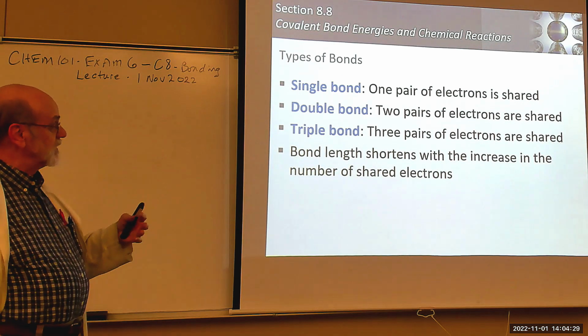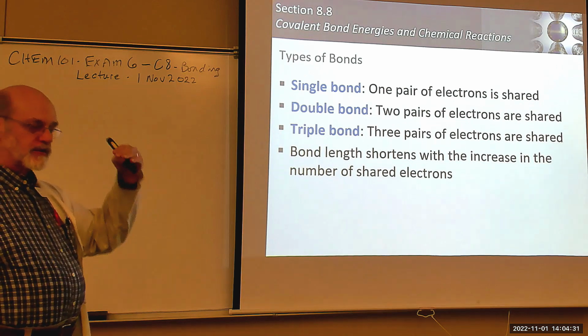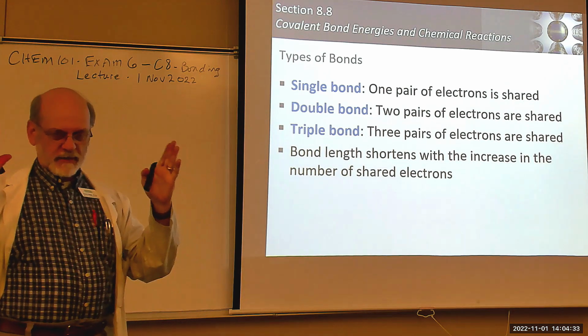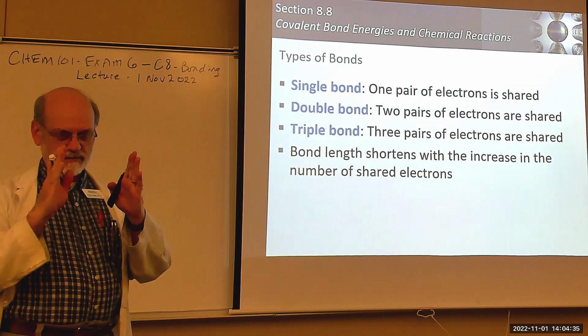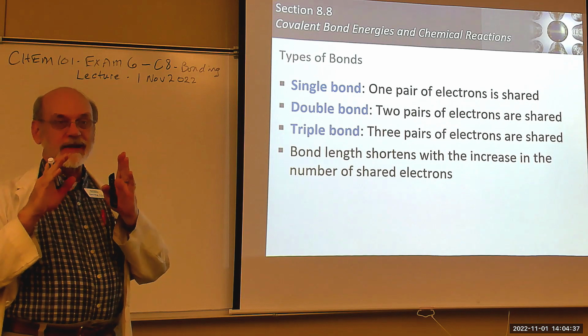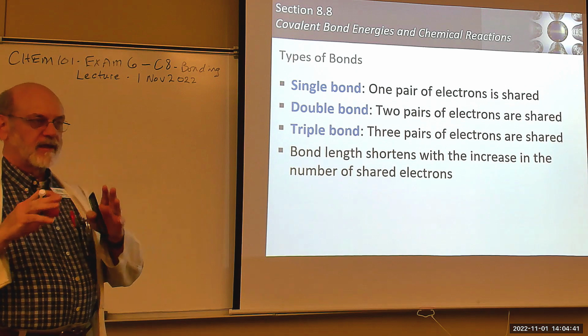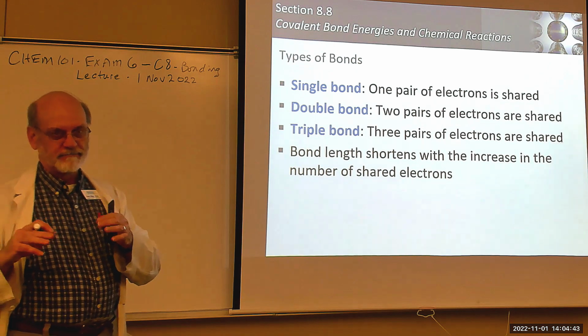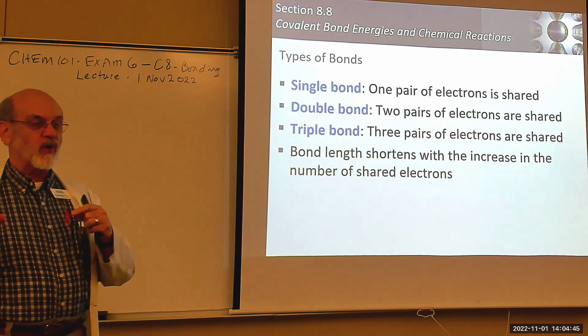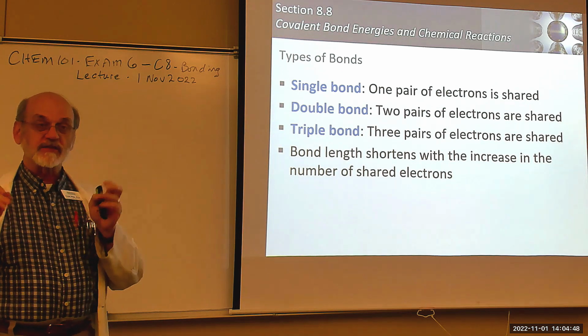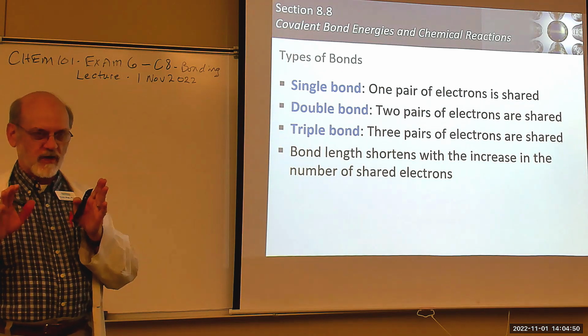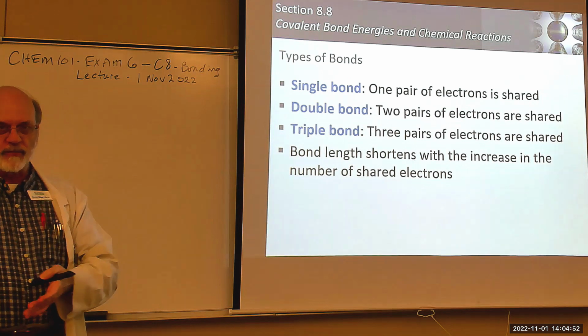Now, the trend is, as you go from single to double to triple, the bond shortens and the bond energy increases. But it's not a linear increase. In other words, a double bond is not twice as strong as a single. It's stronger, but not twice as strong. And same thing for a triple.